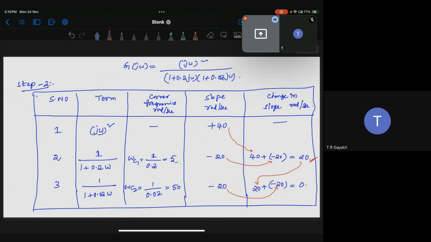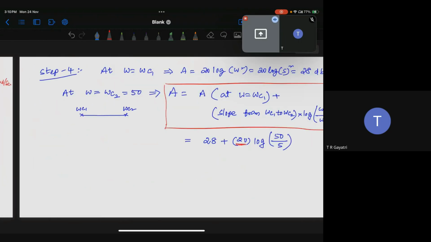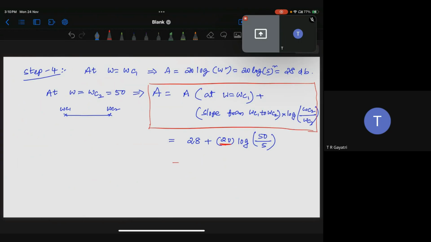That is the slope, starting slope at omega C1. So that's why I took 20 here. Then when you do the calculations, you will get 48 dB. So that is the value of this magnitude at omega equal to omega C2, which is 50.